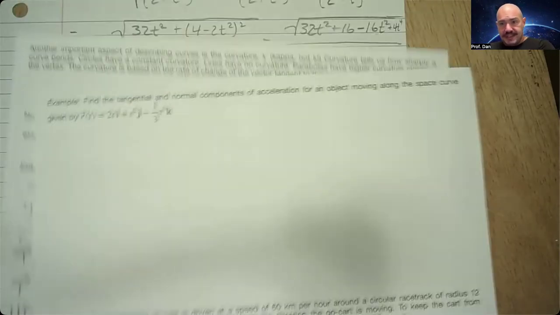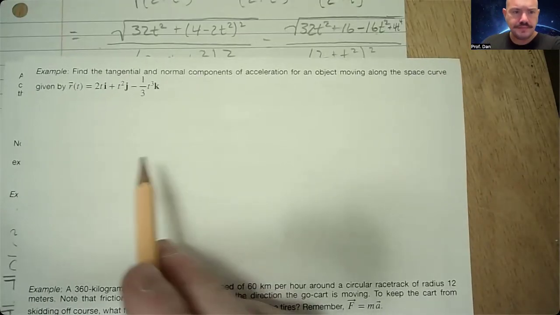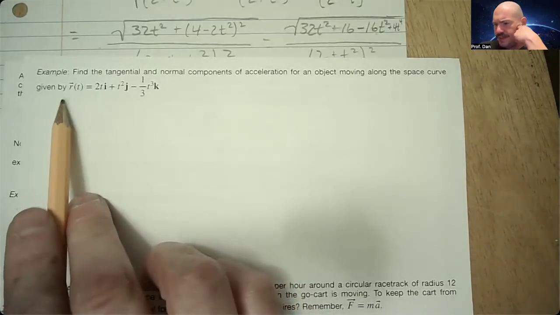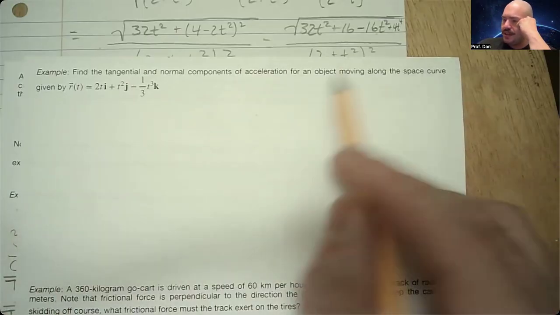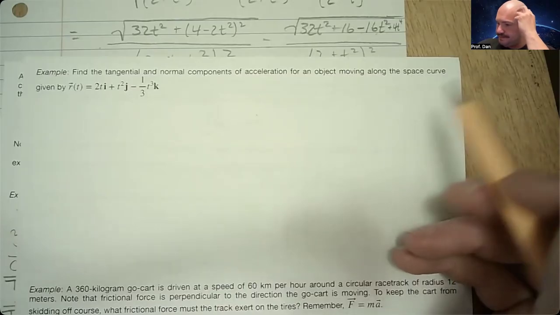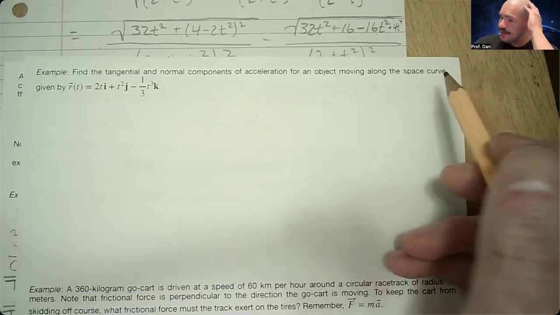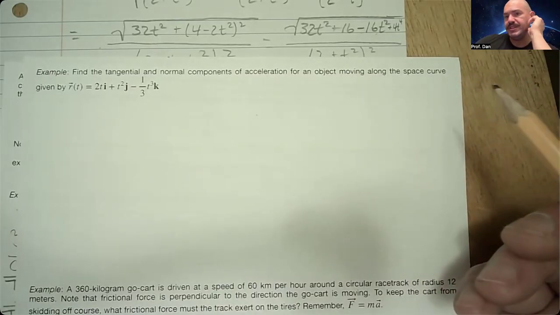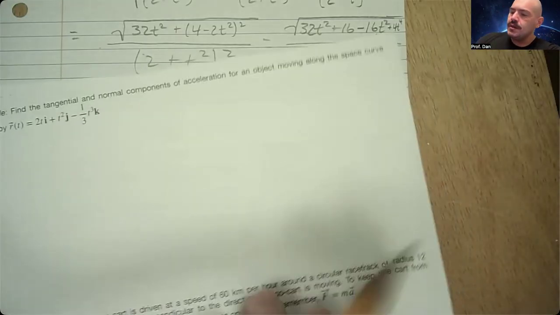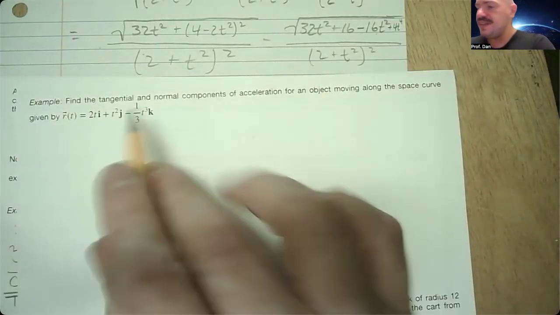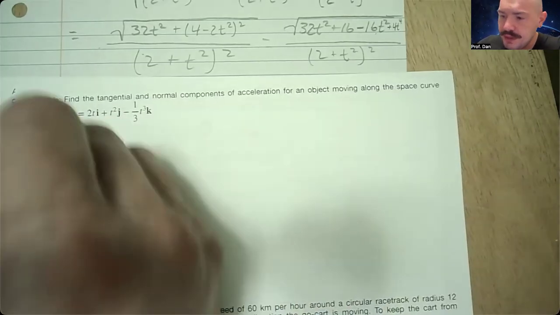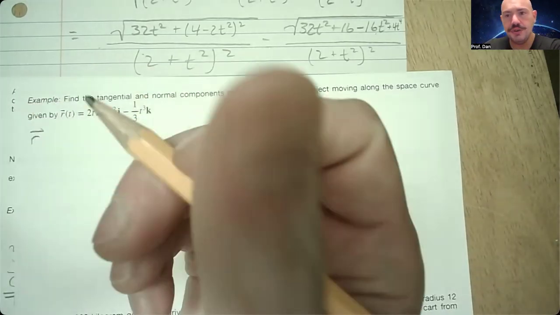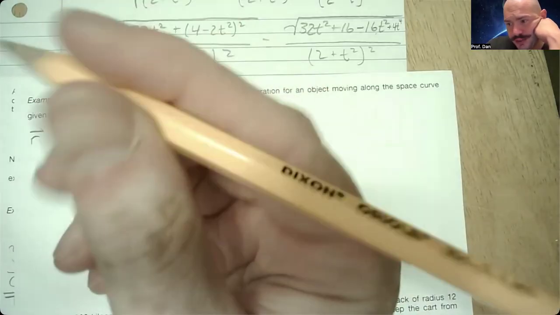So let's look at this in action. Let's say that we have this curve r that tells us the path of an object moving in 3 dimensions. We can find the tangential and the normal components of the acceleration by using what we know about curvature and arc length.